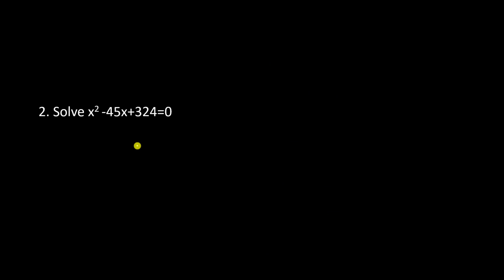Second question. Solve x square minus 45x plus 324 equals 0. Let's try solving this by using the factorization method.